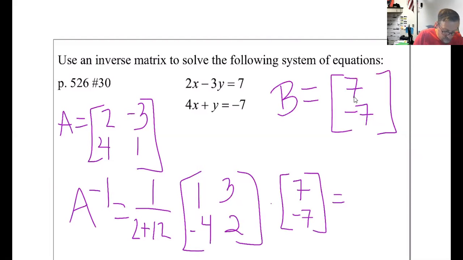So 1 times 7 is 7. 3 times -7 is -21. I'm just going to move them up to the side a little bit because I'm going to put this 1/14 from right there.